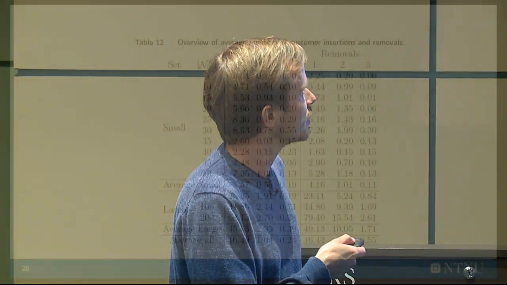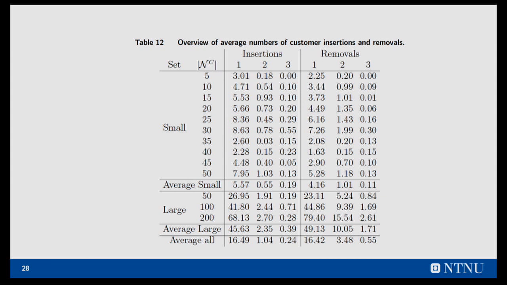This graph here gives us a bit more insight into how many modifications we make to these initial routes that we find. Here we have an overview of classes of instances ranged by number of customers. We separate between the small and the large instance sets. Here we have insertions of cardinality 1, 2, and 3, and removals of the same.